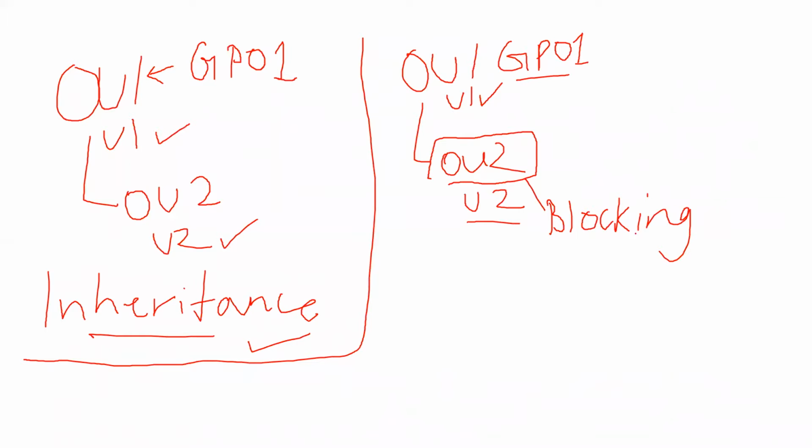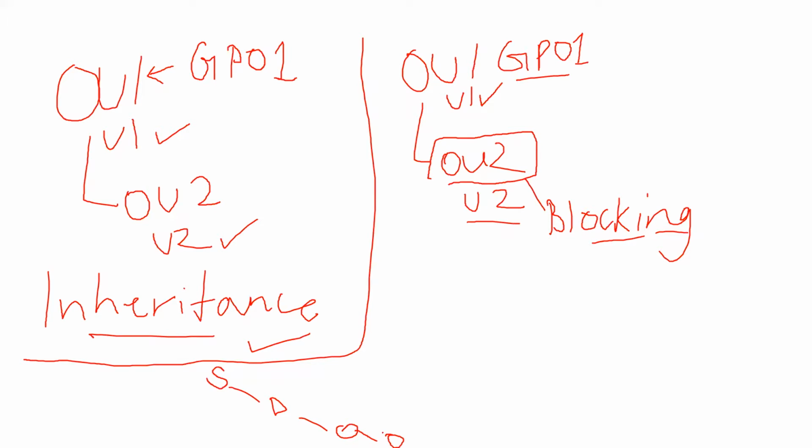Why? Because blocking, lots of people don't know, is done at a level, and blocking just blocks everything coming from the top. Oh my God. That means what was the picture we studied, guys? Remember the picture we studied, that the topmost level of policy is sites, domain, OU, and then maybe a child OU.